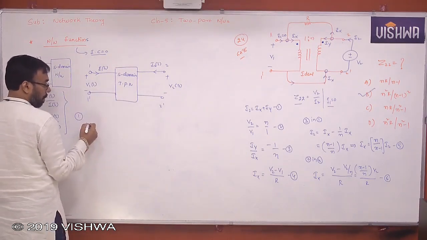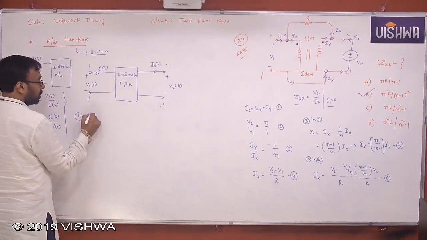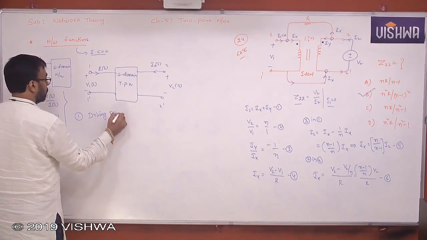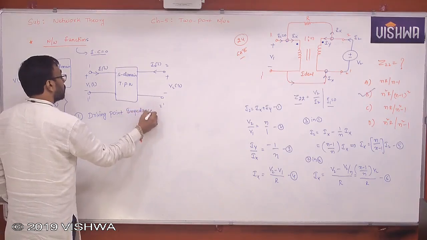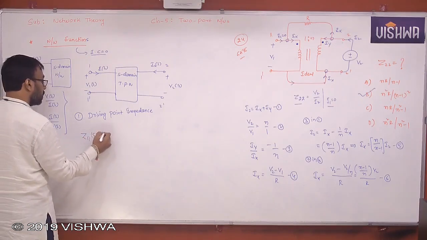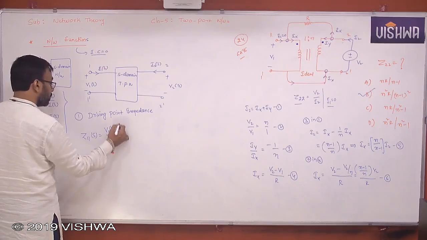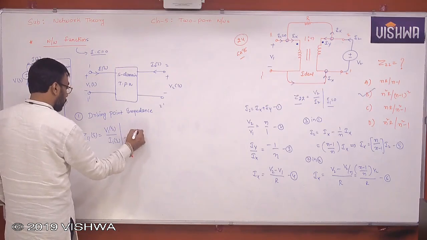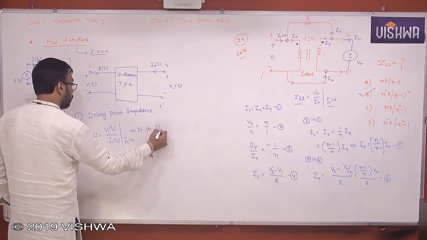Number one, driving point impedances. You call it Z11 of S, which is nothing but V1 of S by I1 of S when I2 is equal to 0. This is called driving point input impedance.